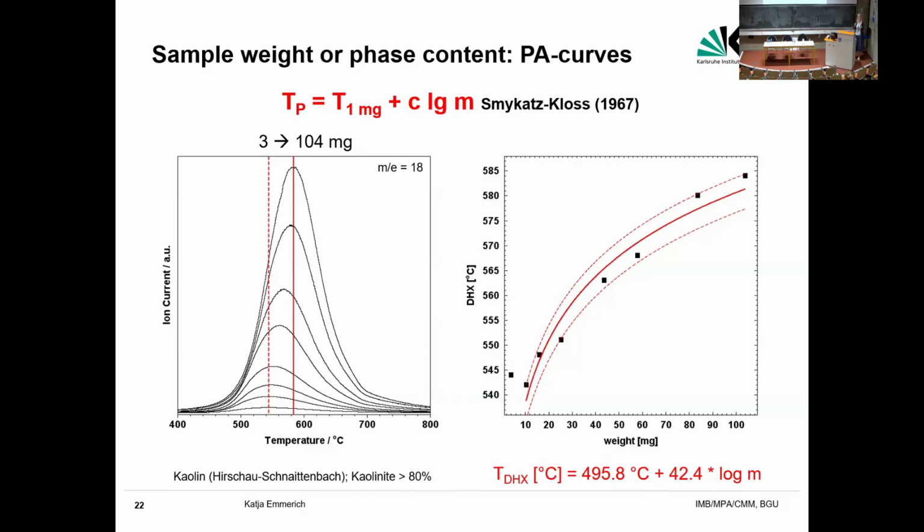If you apply 100 milligram of your mixed sample and you observe a shift in the peak temperature, this indicates a change in the amount of the single phase in the clay sample or in the soil sample. So you could use this effect both ways, but you have to think about the weight you use for your analysis when you want to compare different samples.